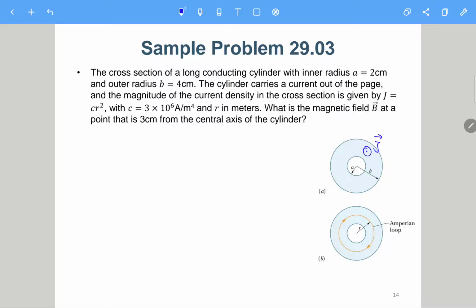Maybe we can mark it here. The current is going out of the page, and I intentionally define the Ampere loop to be clockwise. As you know, if we define this loop to be clockwise, then the positive direction should be into the page.